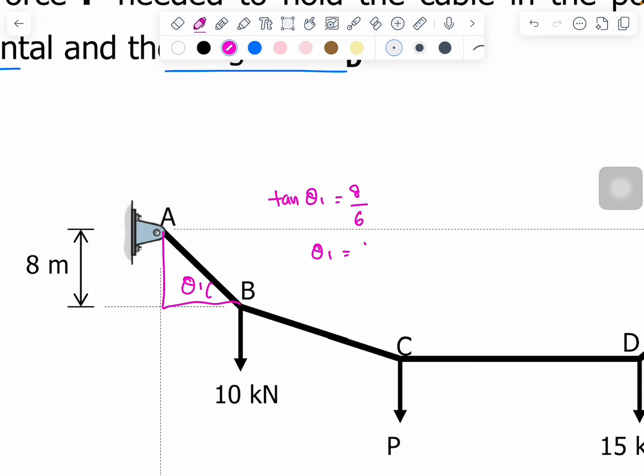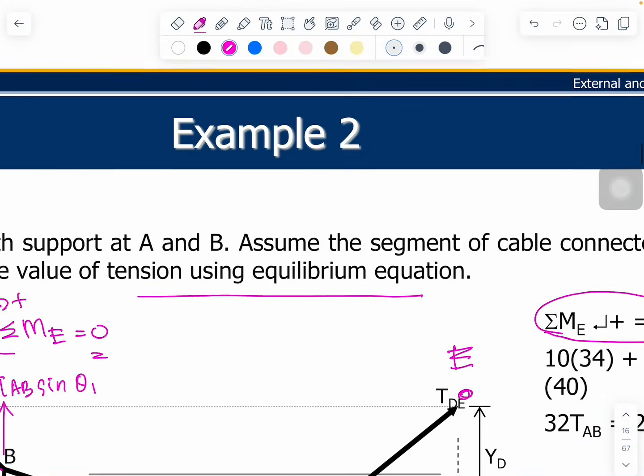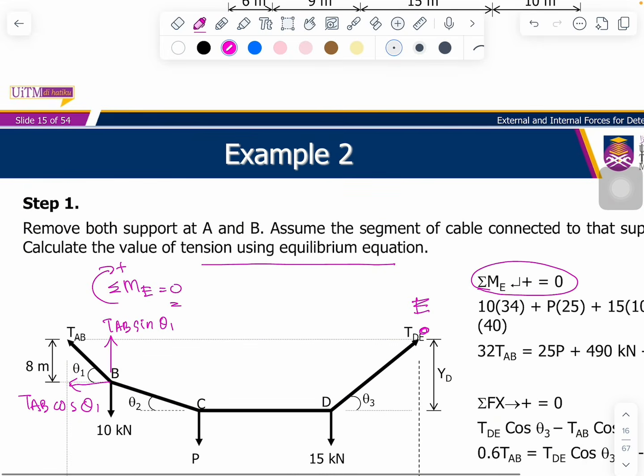So theta 1 equals tangent inverse of 8 over 6, so theta 1 becomes 53.13 degrees. So we take note here, theta 1 is 53.13 degrees.